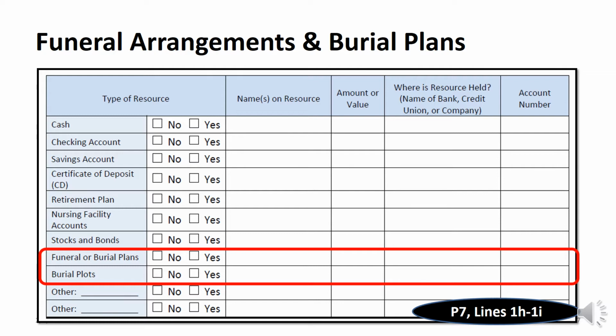Services include the funeral memorial service, viewing, visitation, transportation, obituary notices, services of the funeral director and staff, honorariums, flowers, etc. Again, there is a limit of $7,000 for those types of funeral services included in an irrevocable funeral plan. Any services in excess of $7,000 would be considered a countable resource.